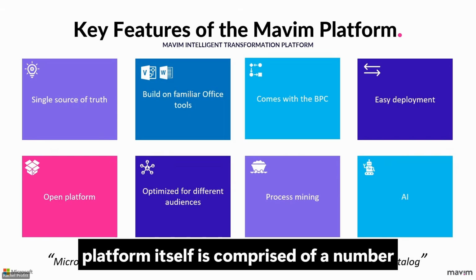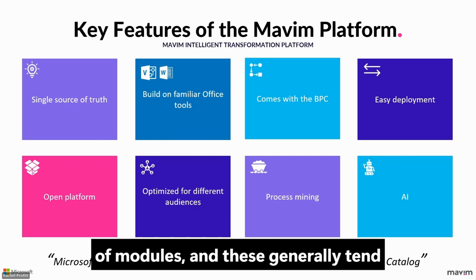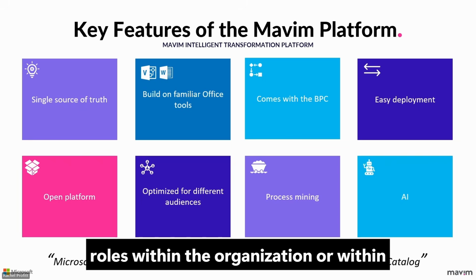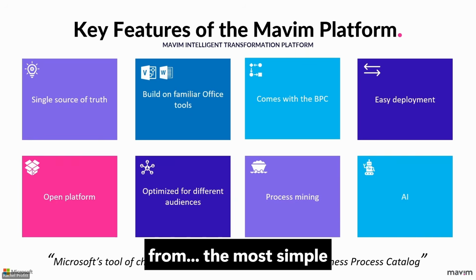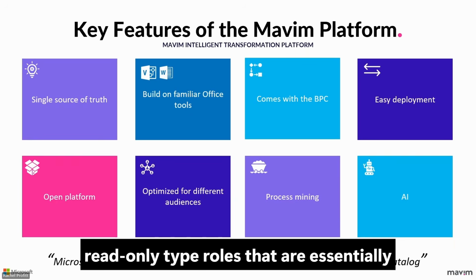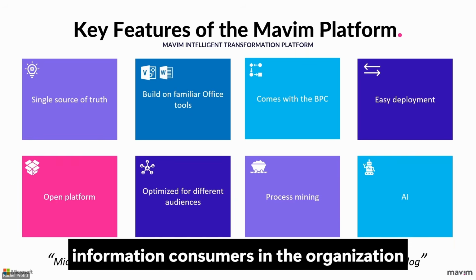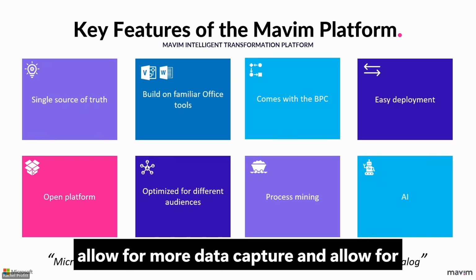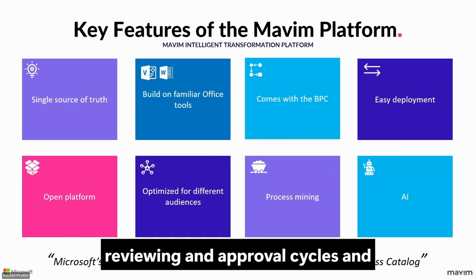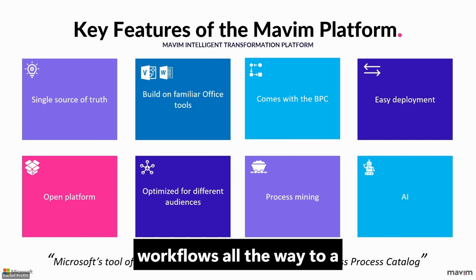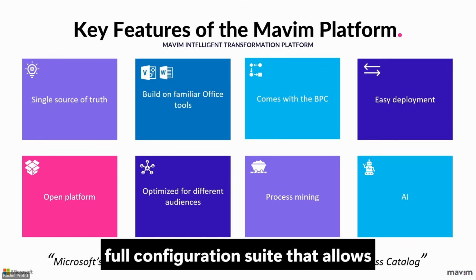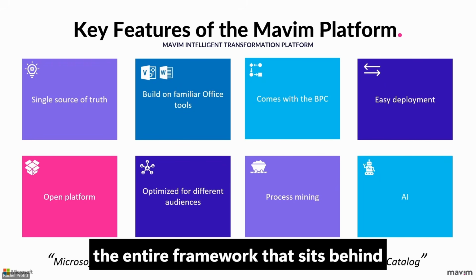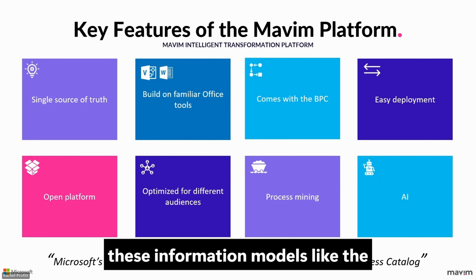The platform itself is comprised of a number of modules, and these generally tend to be specialized for different roles within the organization or within particular projects or transformations, from the most simple read-only type roles that are essentially information consumers in the organization, through modules and interfaces that allow for more data capture and allow for reviewing and approval cycles and workflows, all the way to a full configuration suite that allows for the actual definition and updating of the entire framework that sits behind these information models, like the business process catalog.